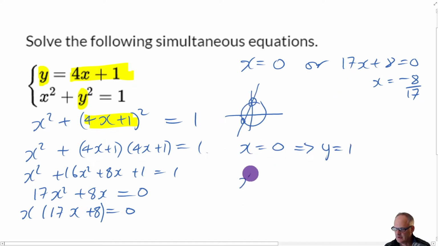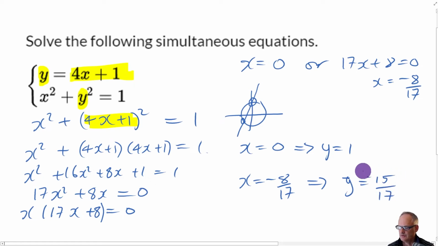The other value is x equals minus 8 over 17. We put that into this, so you get minus 32 over 17. If you change 1 into a fraction, that's 17 over 17. So minus 32 over 17 plus 17 over 17 will give us minus 15 over 17.